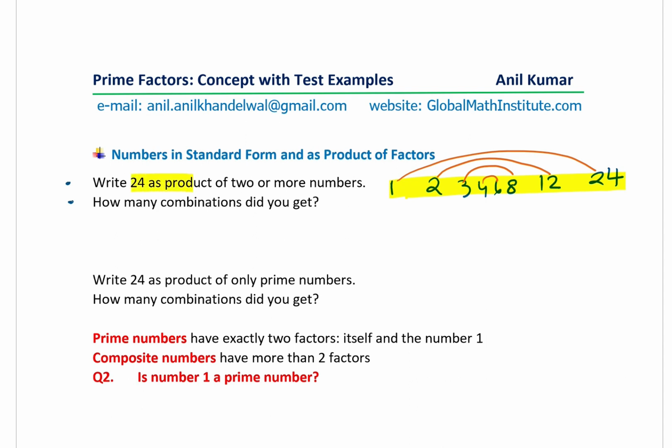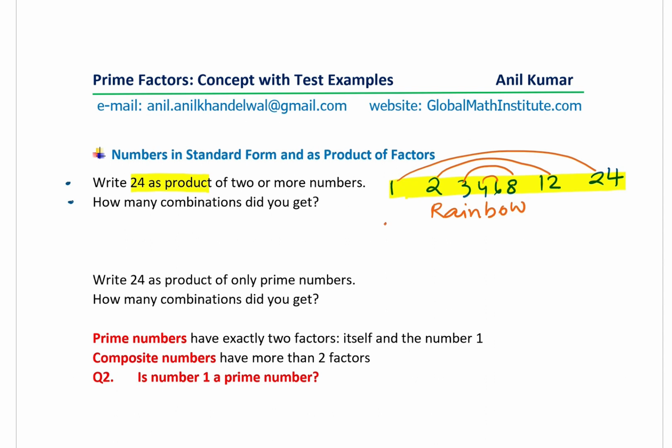So 24 as a product. So when we say product, they become the factors. So the two numbers which we are shown here are connected, and we kind of call this as a rainbow, connecting the two numbers. So we can write 24 as a product of two numbers in many different ways.